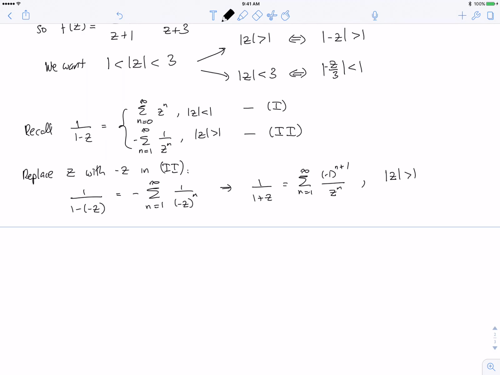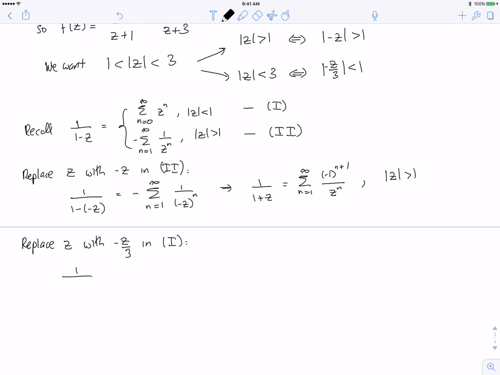Next thing that I'm going to do, I'm going to replace z with negative z on 3 in I, right? Because I want modulus of negative z on 3 to be less than 1. So, what do I get there?